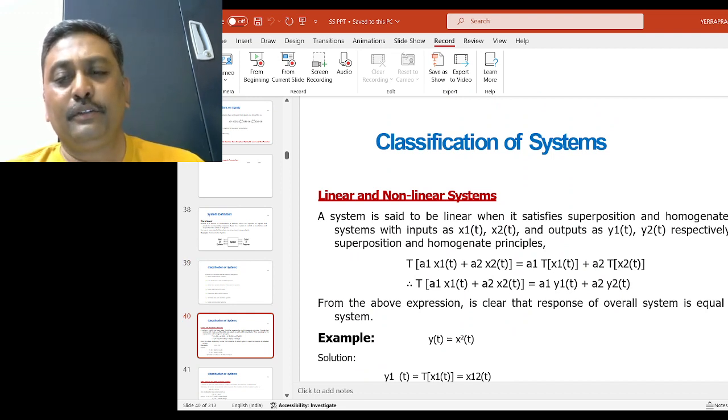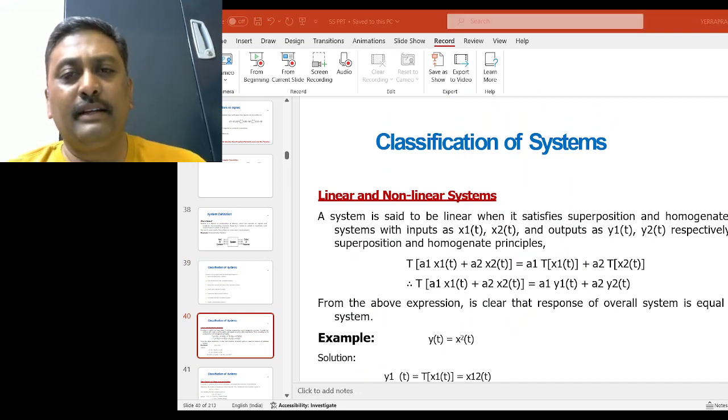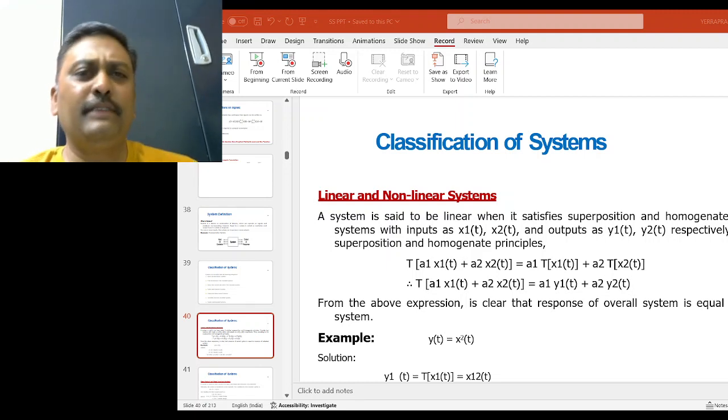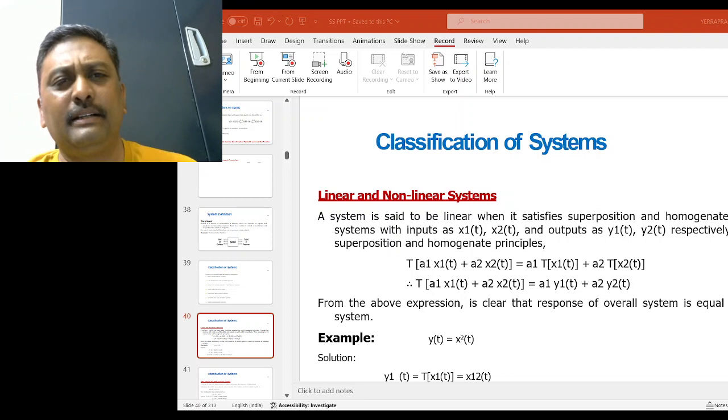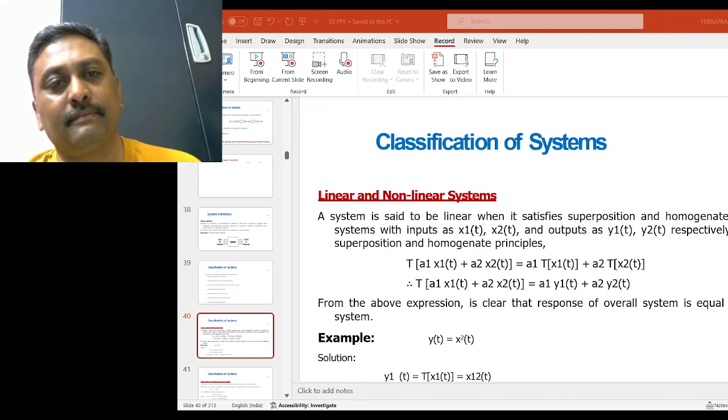Take the example of linear and non-linear systems. In a linear system, you give an input and the output varies correspondingly with the input. If you vary the input and the output varies, it is called a linear system. If you vary the input but the output does not vary accordingly, you call it a non-linear system.